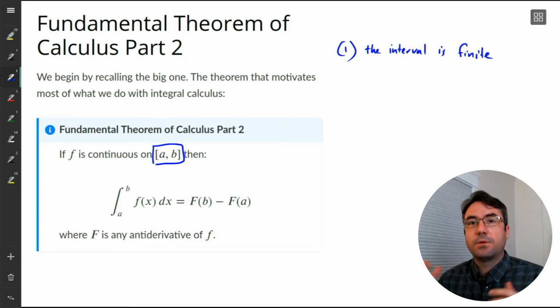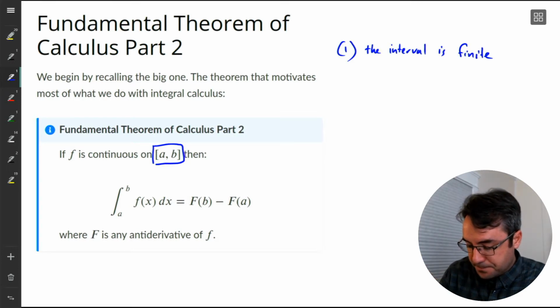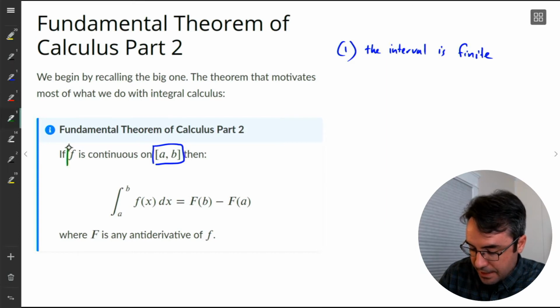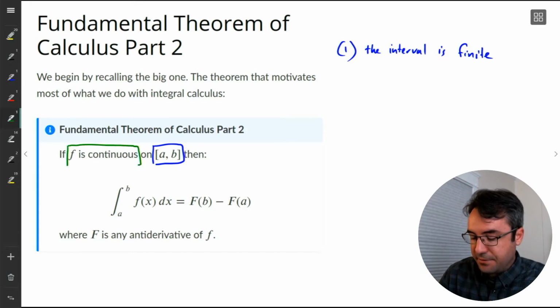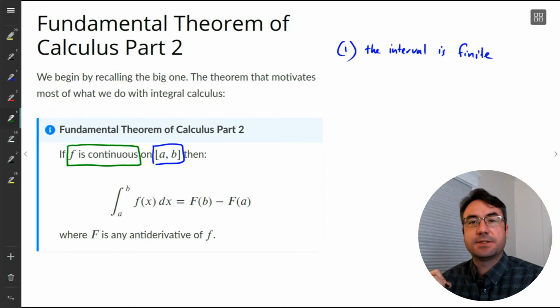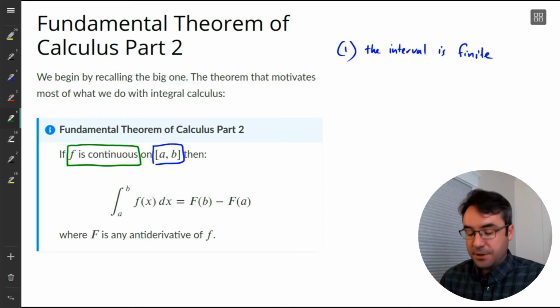We're going to relax that. We're going to see how we can relax that condition and see what we get. The other condition is that our function f has to be continuous. The function that we're integrating, we want it to be continuous for this theorem to work.